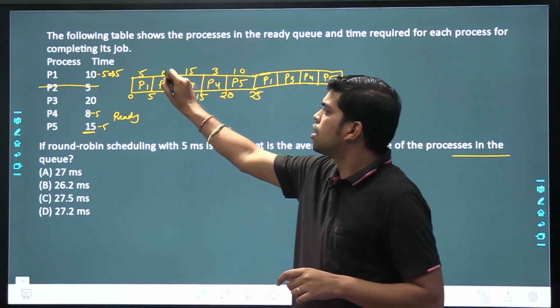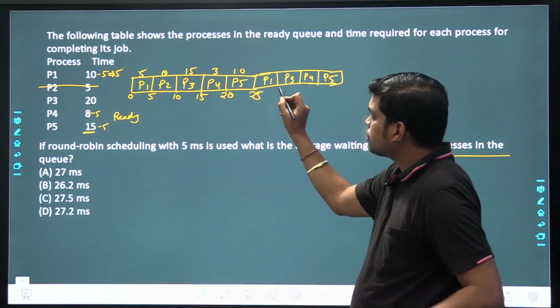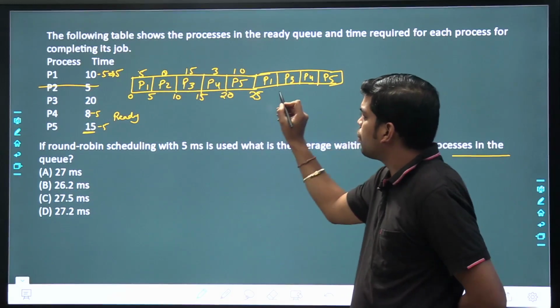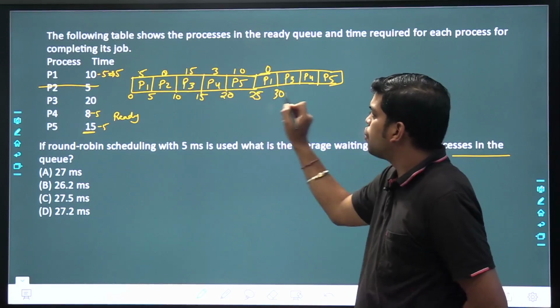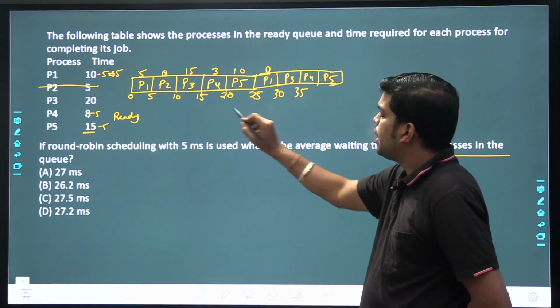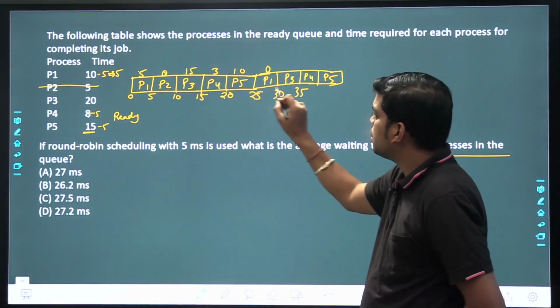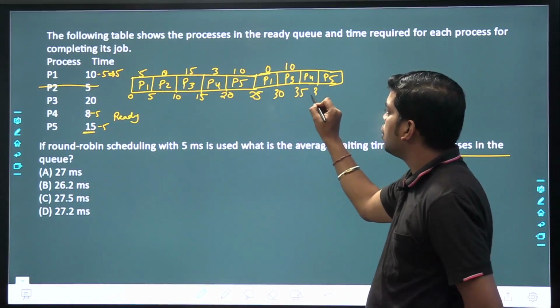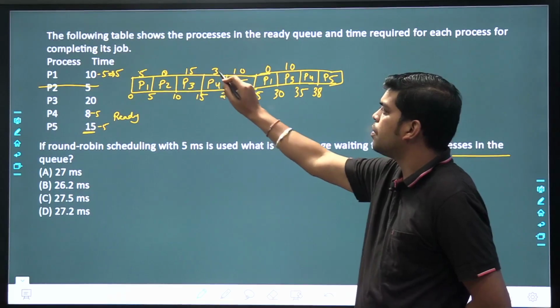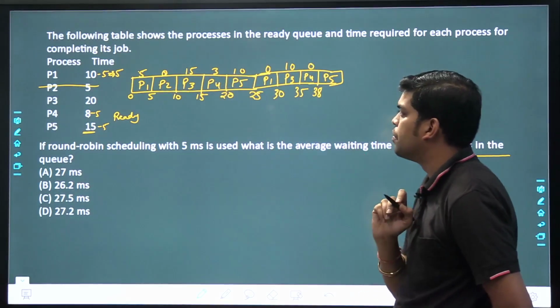Now P1 executes for 5 units of time, for the 30 mark, and it will finish. P3 executes for 5 units of time, and a total of 15 remains. Here 5 will execute, so the remaining is 10. P4 executes for 3 units of time because only 3 remains. P4 executes completely.